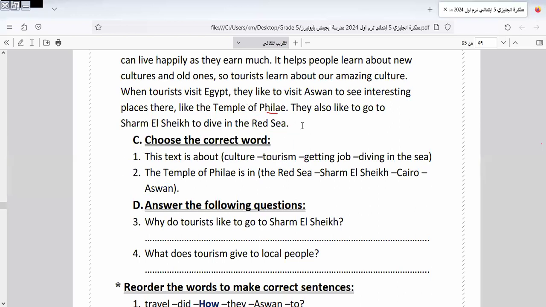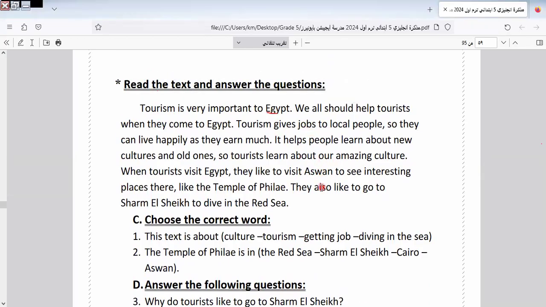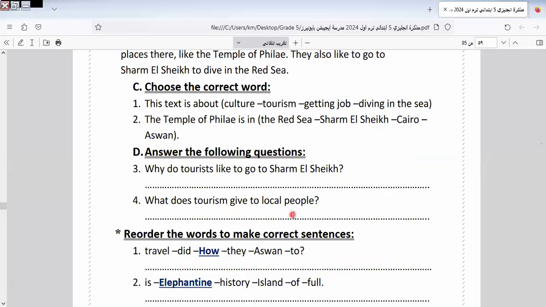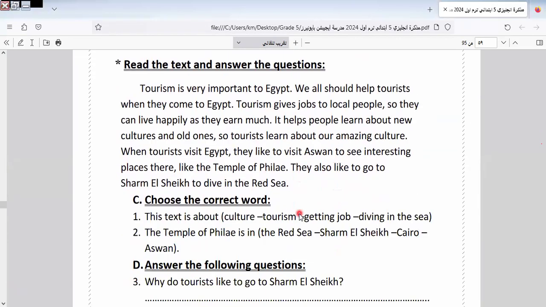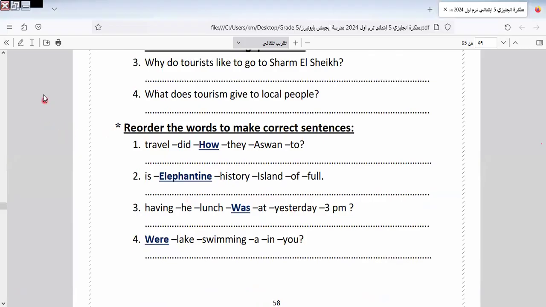Give to local people what? Gives jobs. Okay, they give jobs. Give to local people, give jobs. So the answer to what tourism gives to local people is jobs. Okay, let's go to another question.